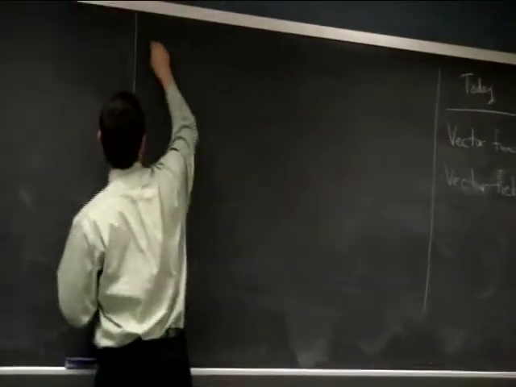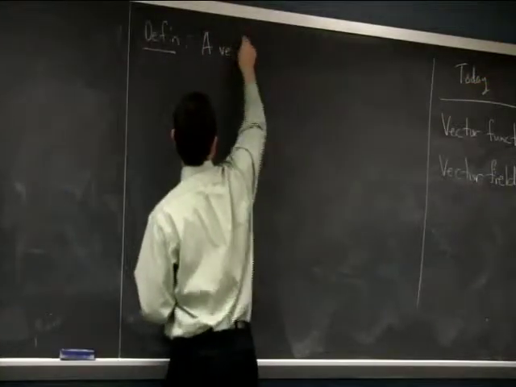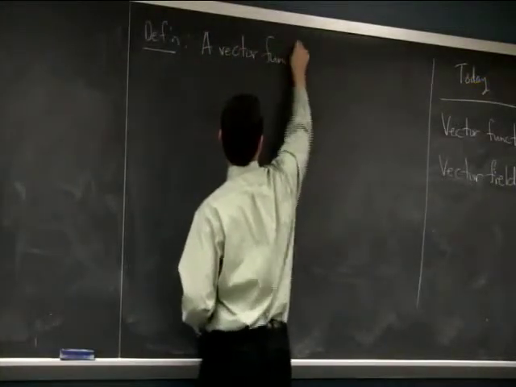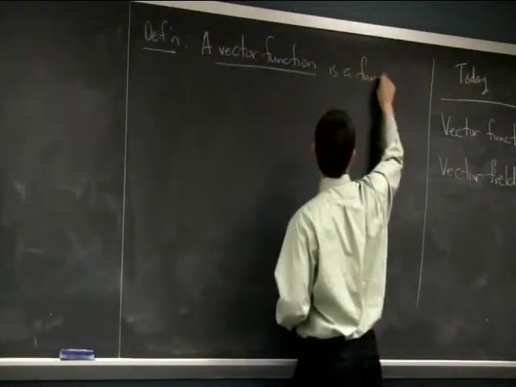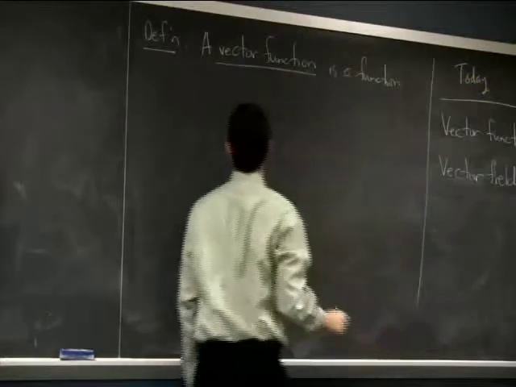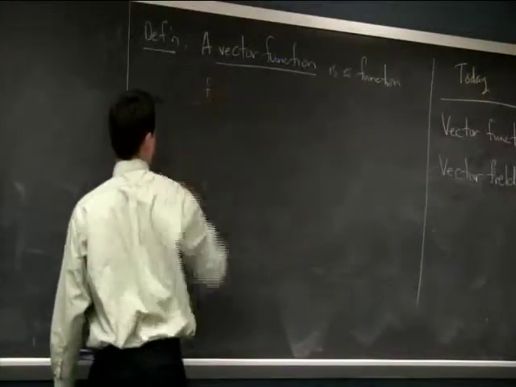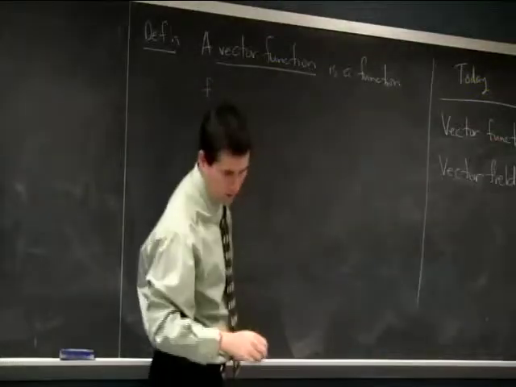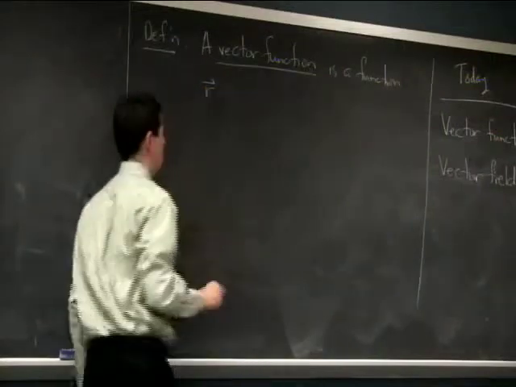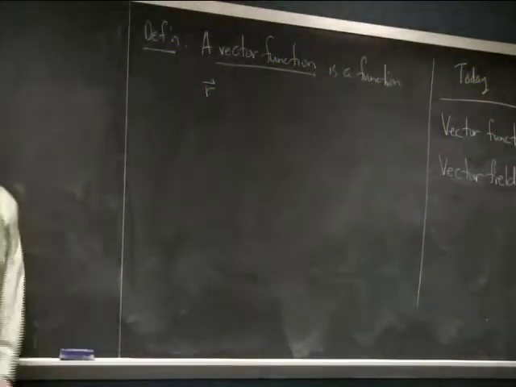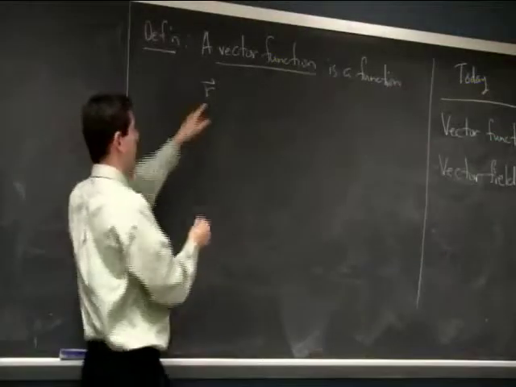All right, so a vector function is a function, we'll call it, what do I like to use? I'll use R. I'm going to use a vector line over it to remind you this is a vector function, but it's not a vector itself.